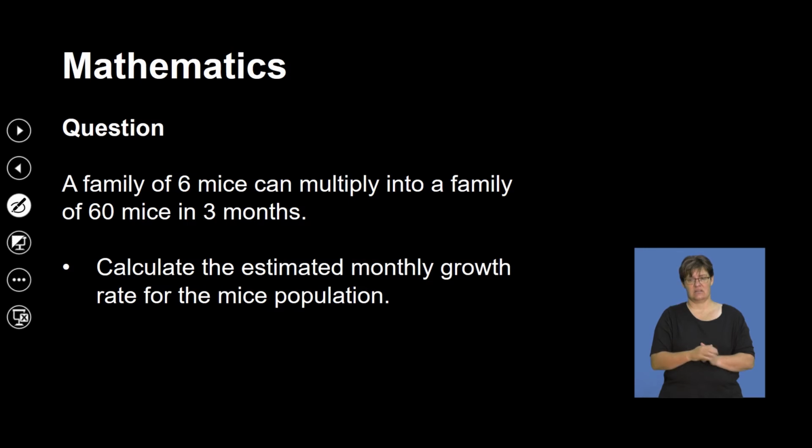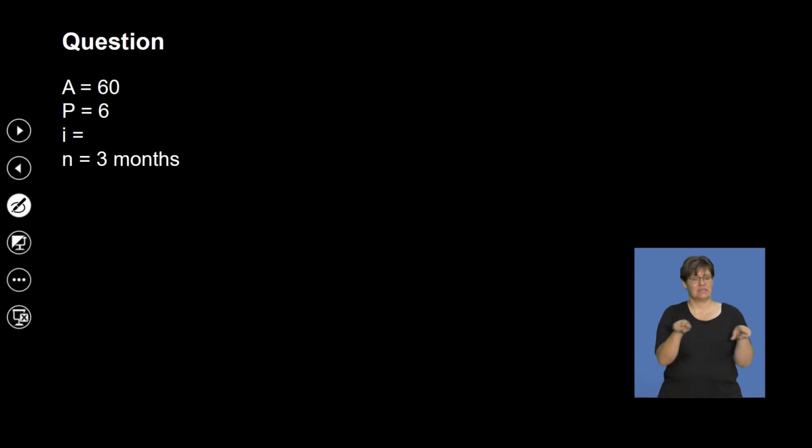Now, a family of 6 mice can multiply into a family of 60 mice in 3 months. Calculate the estimated monthly growth rate for this, right? So remember, same thing. The A value is 60, that's what it accumulates to. P is 6, and then n will be 3 months.